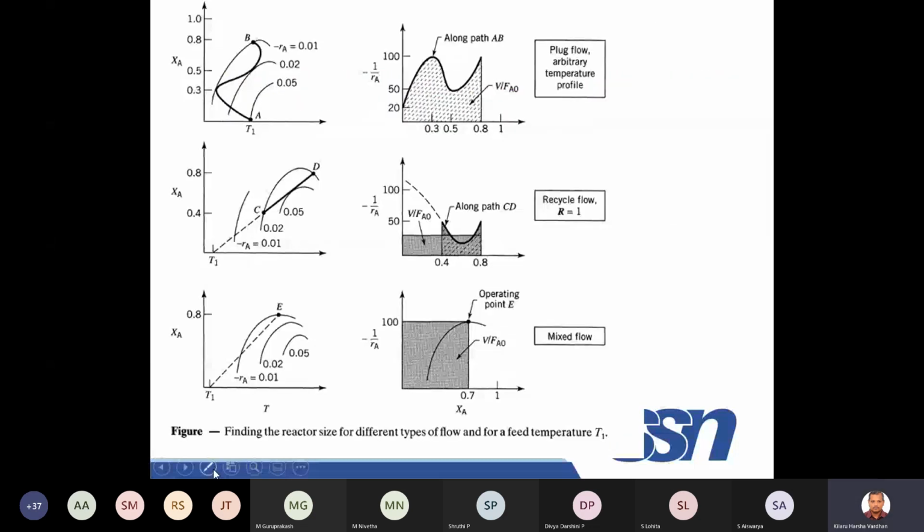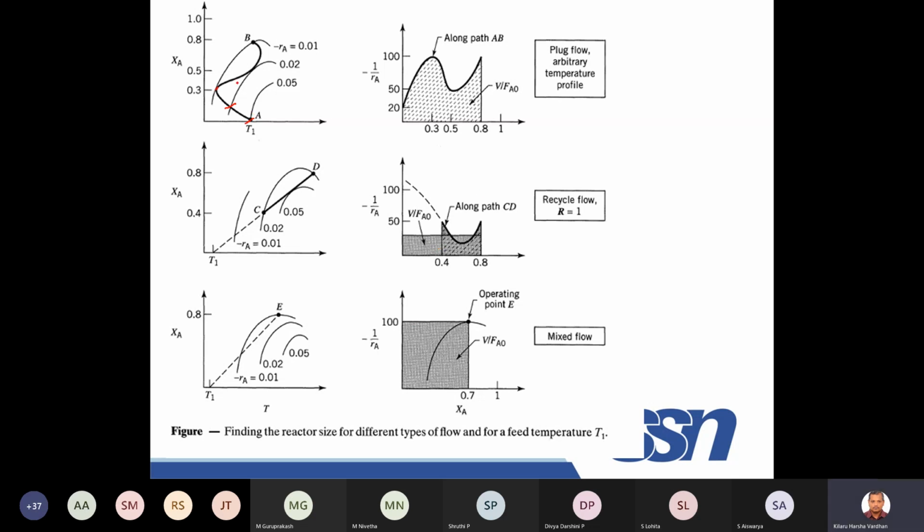Accordingly, you note the corresponding XAs and corresponding RAs and then draw 1 by RA versus XA. Then the area under the curve is the PFR. MFR is just a point, so draw a rectangle around that particular point. You know what conversion is required. Wherever it is touching, draw it. And this will be for the recycle process.